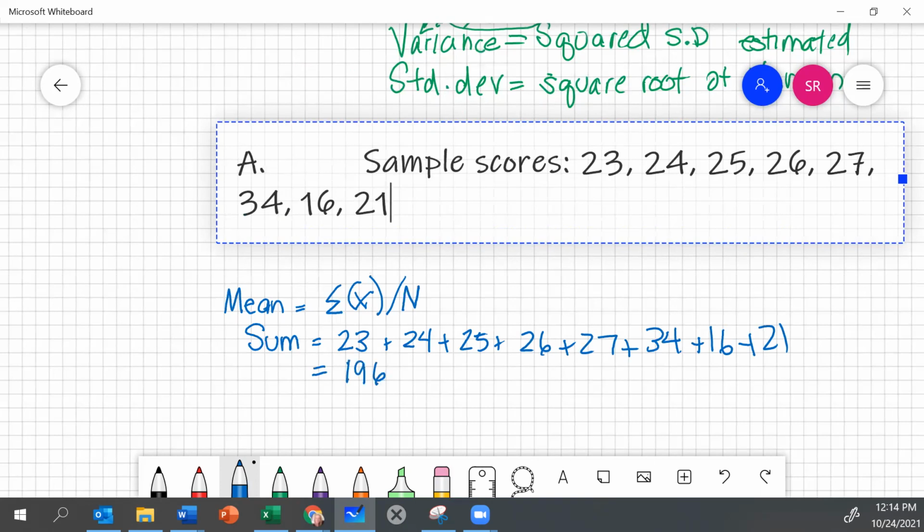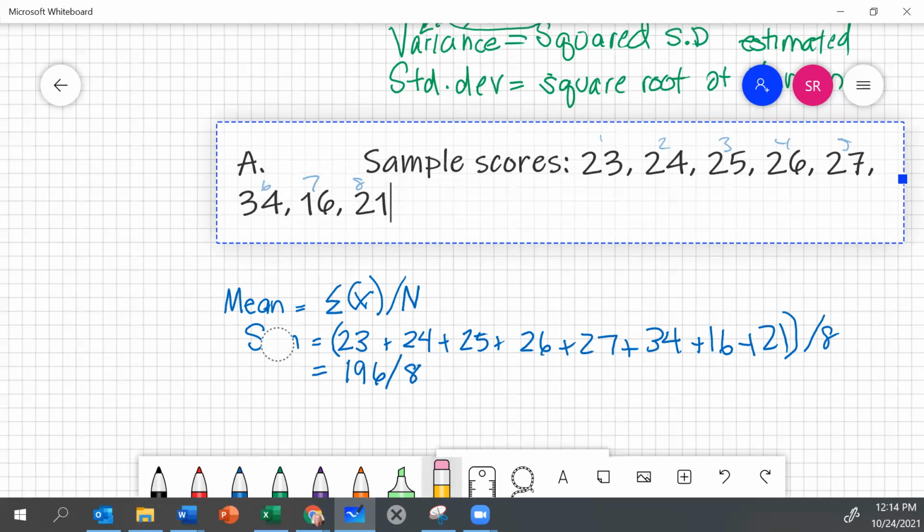The next step is to divide by n, which in this case is 1, 2, 3, 4, 5, 6, 7, 8. So 8 equals 196 divided by 8.